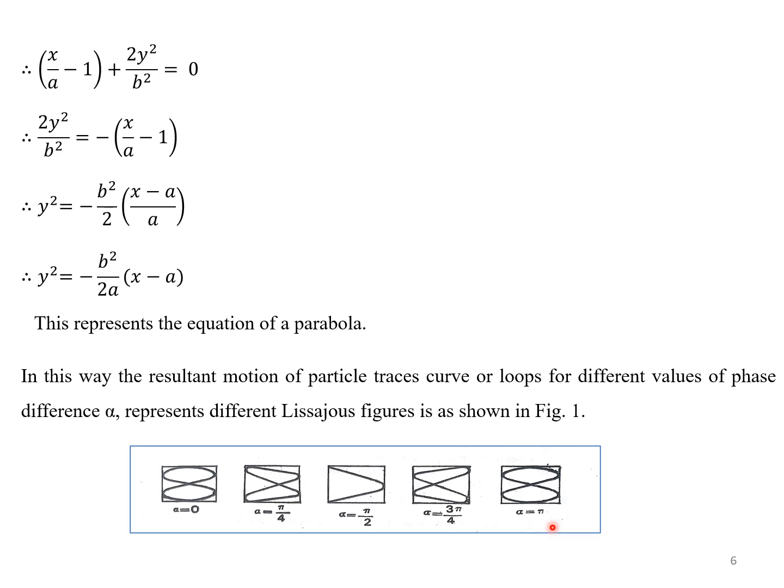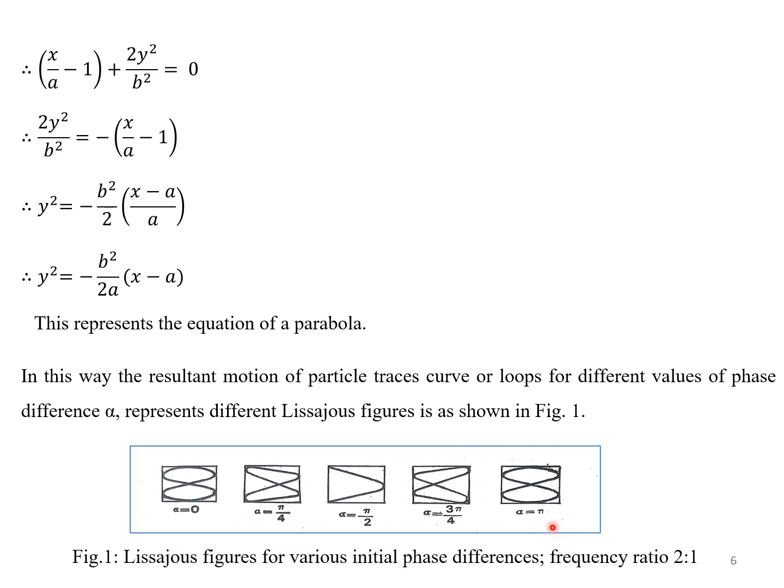This figure shows Lissajous figures for various initial phase differences having frequency ratio 2:1.